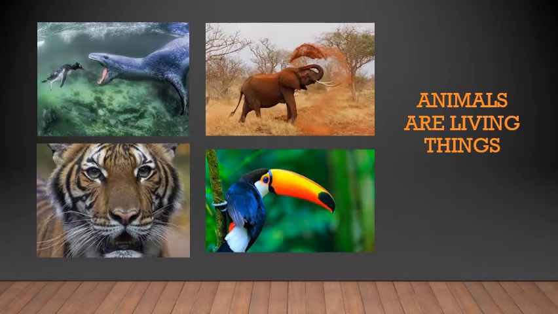Animals are living things. What are living things, children? Living things are the ones who can breathe, who can move, who can think, who grow, and who reproduce. What are non-living things then? The things that cannot move, they are stagnant in one place, they cannot reproduce, they cannot breathe, they cannot think, like us, right?